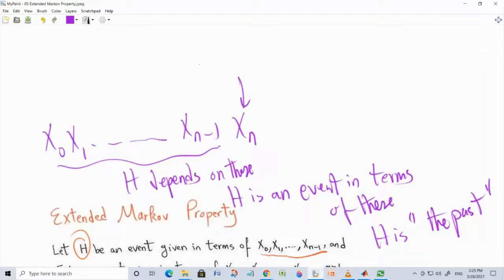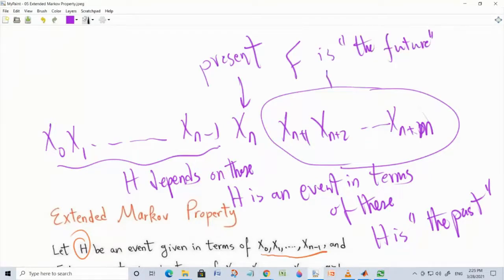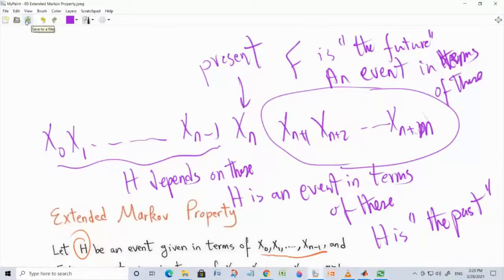X of n is the present. And then we have x of n plus 1, x of n plus 2, up to x of n plus m, and those are the future. F is an event in terms of these.